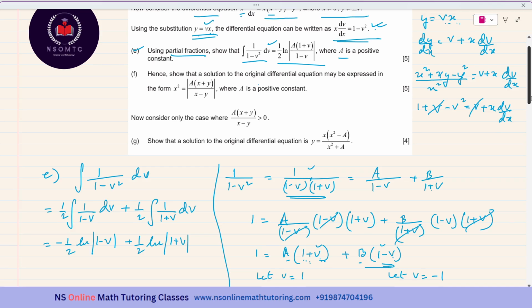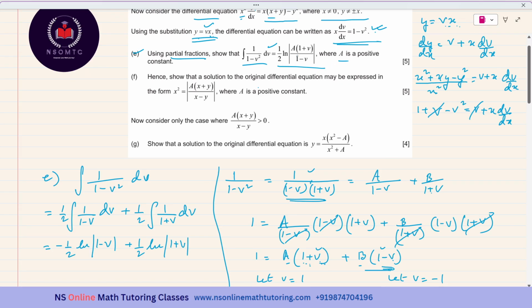This should be written in a slightly smart way because you are seeing that there is no c over here and there is this a and there is the half in front. Because there is the half in front, the constant term that we will be adding, let it also have half so that we can take this half as the common factor out from the three terms. And let it also have ln because I'm seeing the ln in the entire expression.